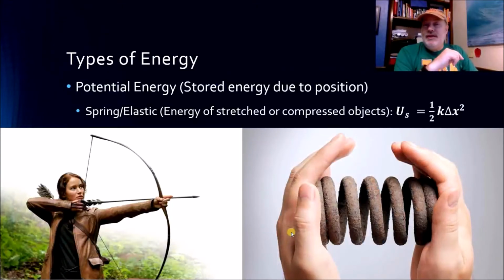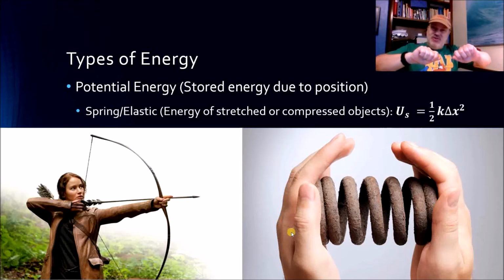Our second type of potential energy is elastic or spring potential energy. It's the energy of when you take something and you bend it or stretch it or compress it, and it wants to snap back to its original position.